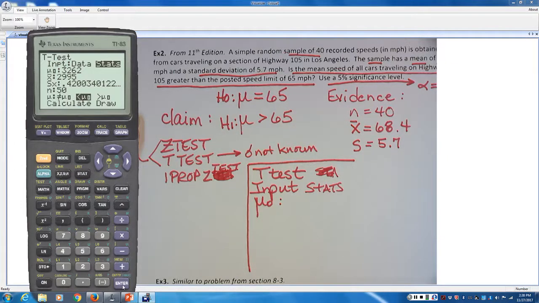Our claimed mean is 65. Our X bar is 68.4. Standard deviation is 5.7 and our sample size is 40. What does H1 say?